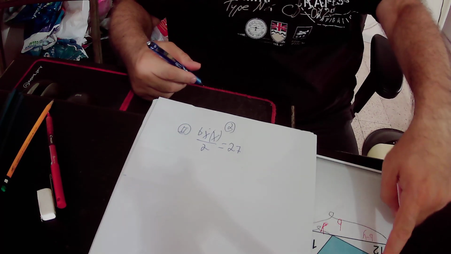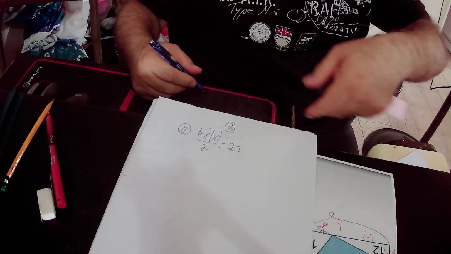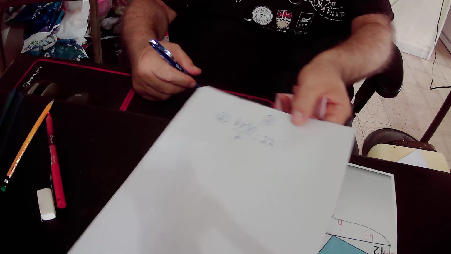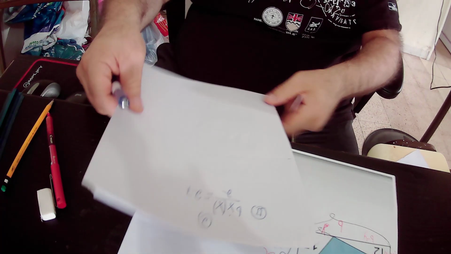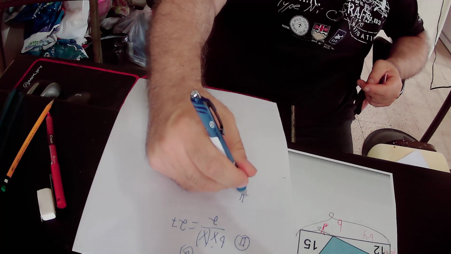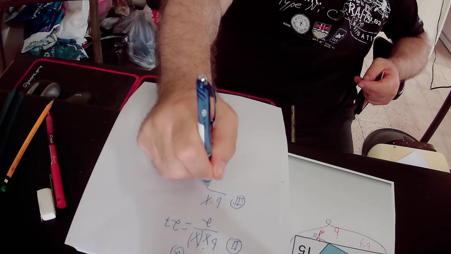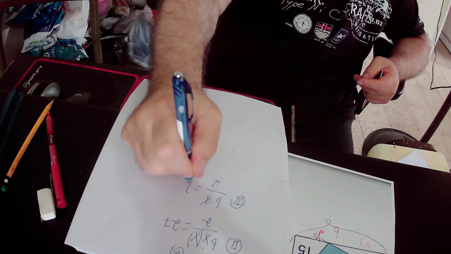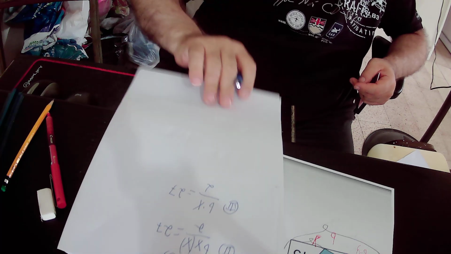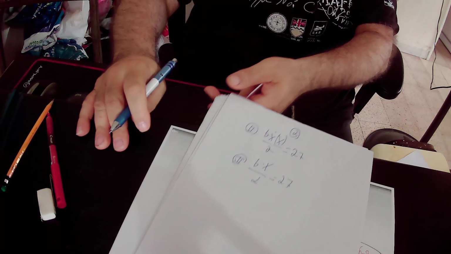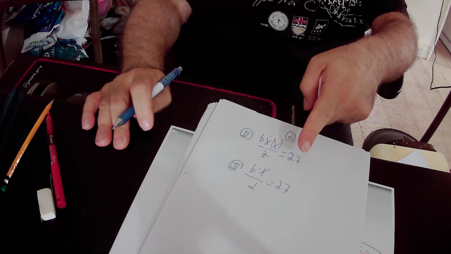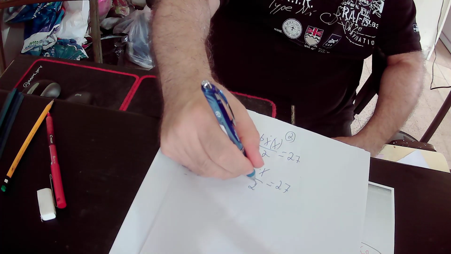It equals 27 units because it is given to us. So b times x divided by 2 equals 27 units.